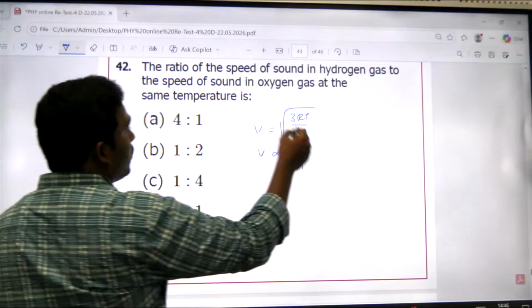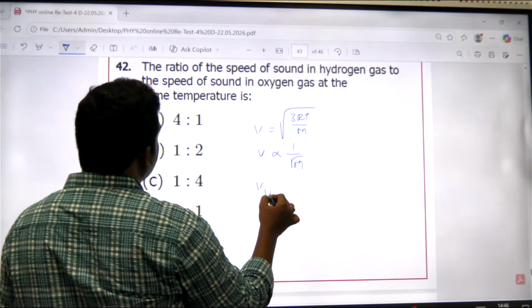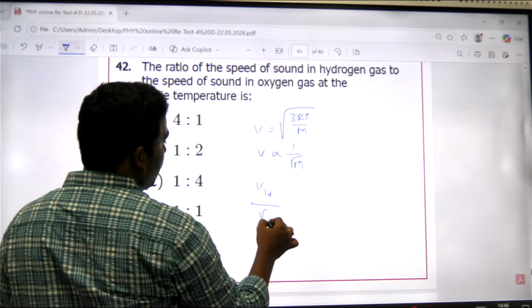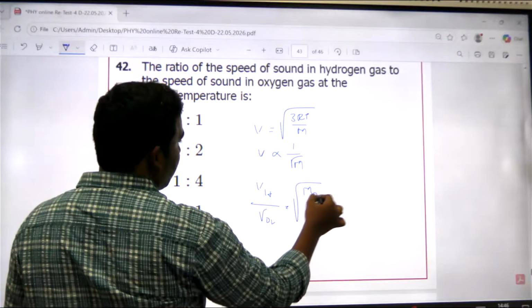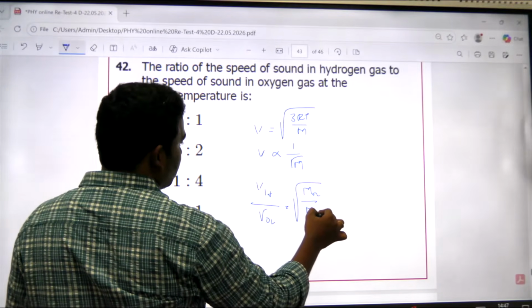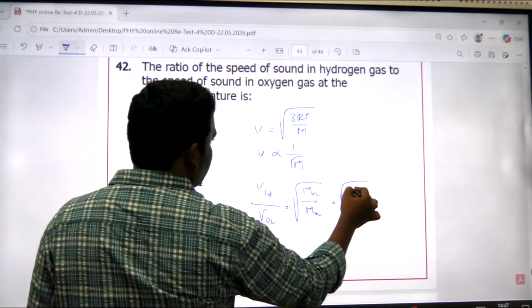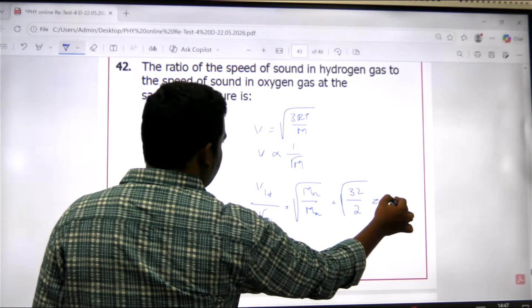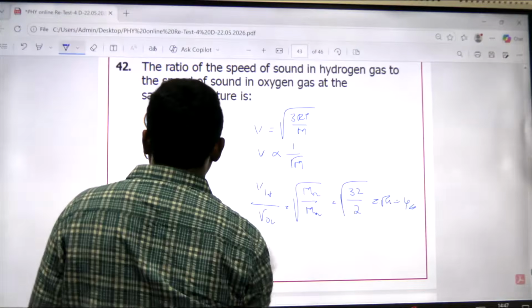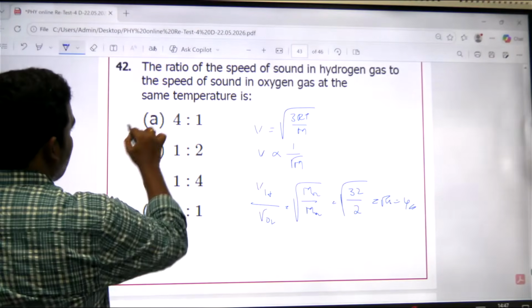Hydrogen gas is H2. The velocity of hydrogen to the velocity of oxygen is equal to under root of mass of oxygen divided by mass of hydrogen. It is under root of 32 divided by 2, under root of 16, which is 4. So it is 4 is to 1. Option A.